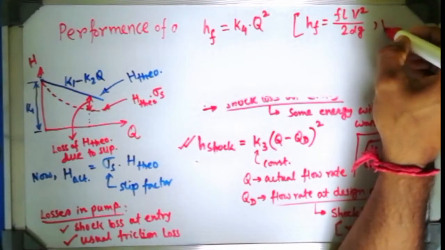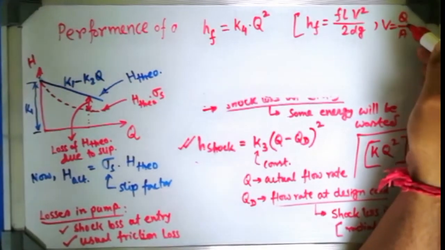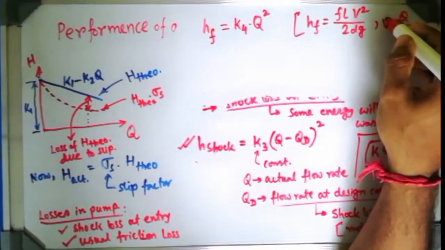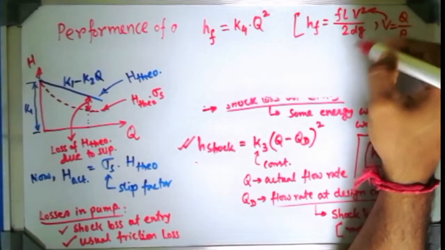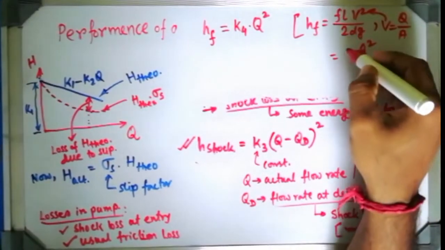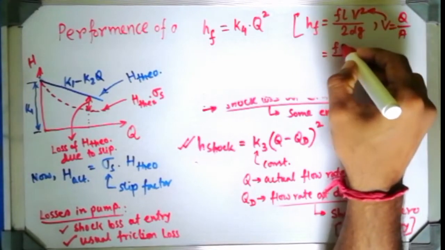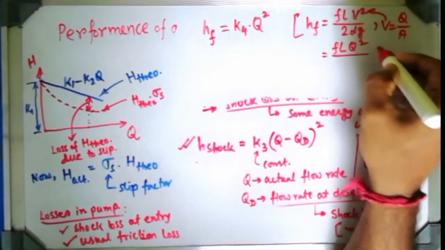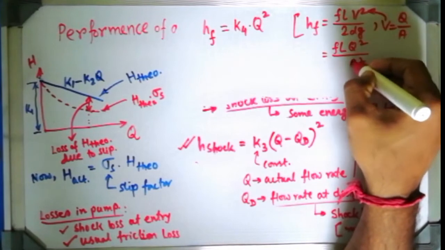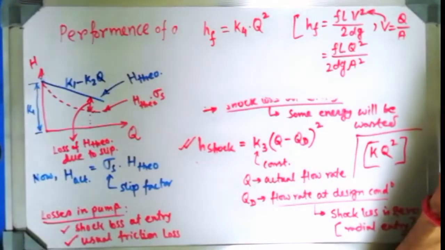Now V can easily be written as Q by A, isn't it? So if you substitute this value here, then one Q square will be there. That equation will be converted in terms of Q square in this manner: f L Q square by A square 2 d g. This kind of equation will be there.